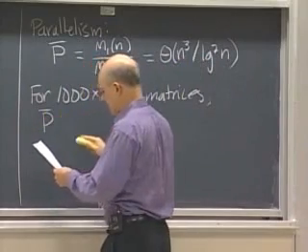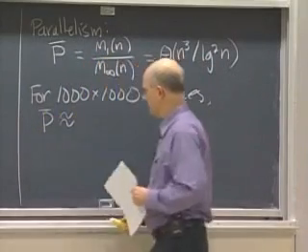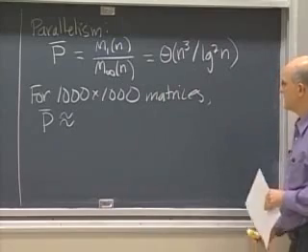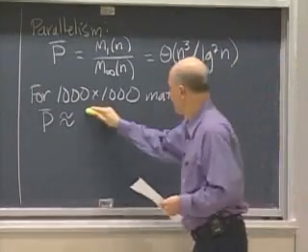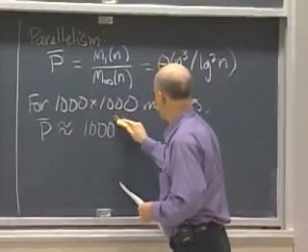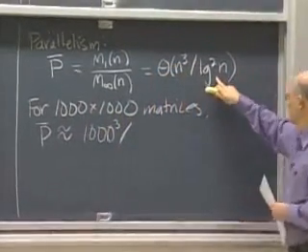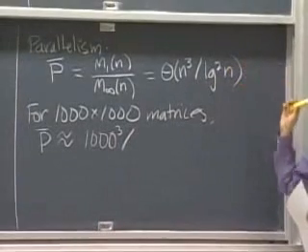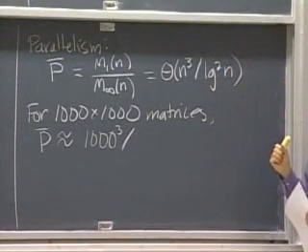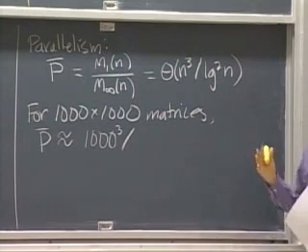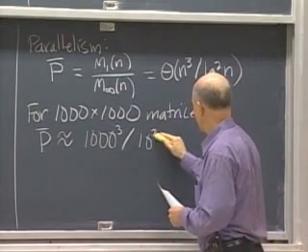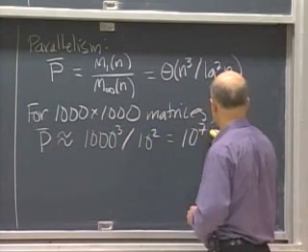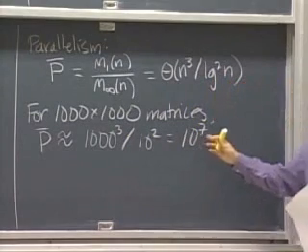In that case, our parallelism is 1,000 cubed divided by log of 1,000 squared. What's log of 1,000? 10, approximately, right? Log base 2 of 1,000 is about 10, so that's 10 squared. So you have about 10 to the 7th parallelism.